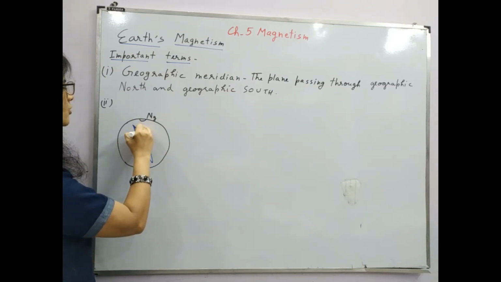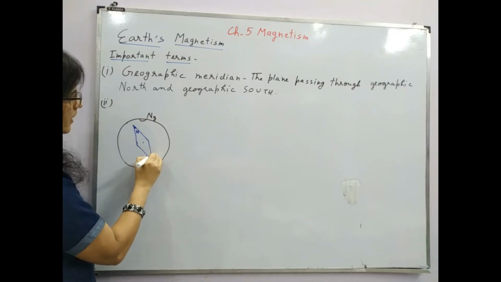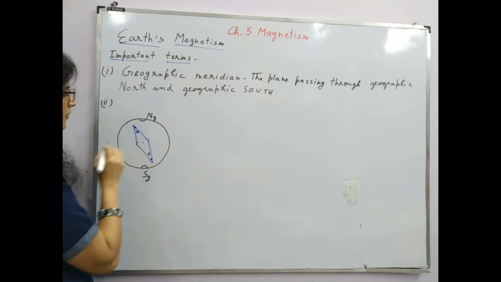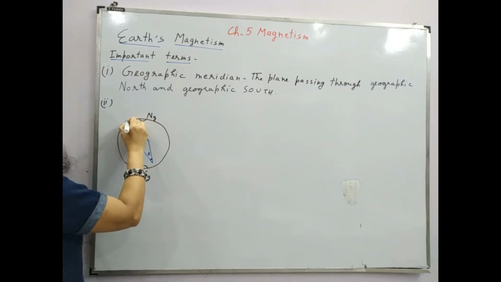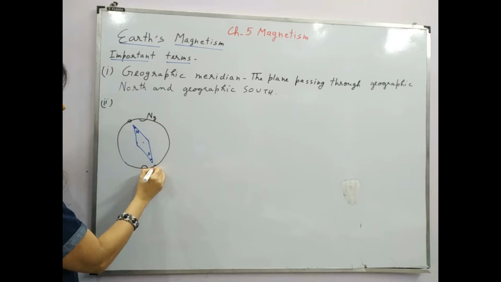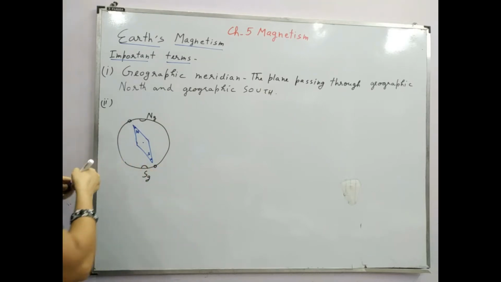So this is the north of the magnetic needle and this is the south of the magnetic needle. The actual direction in which the north and south of the compass needle rest is called magnetic north and magnetic south.